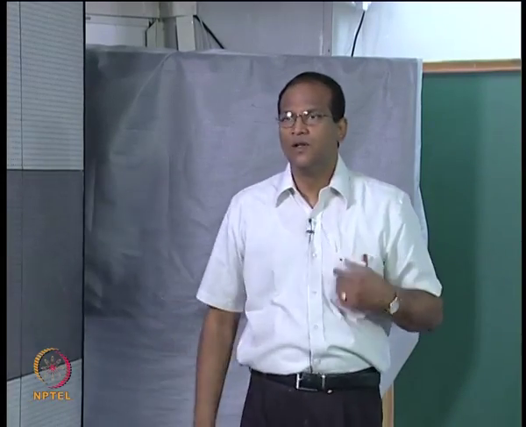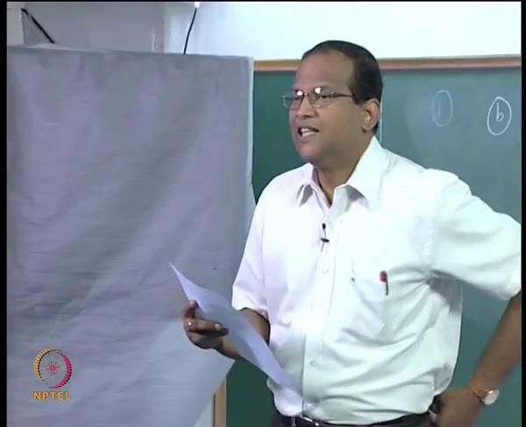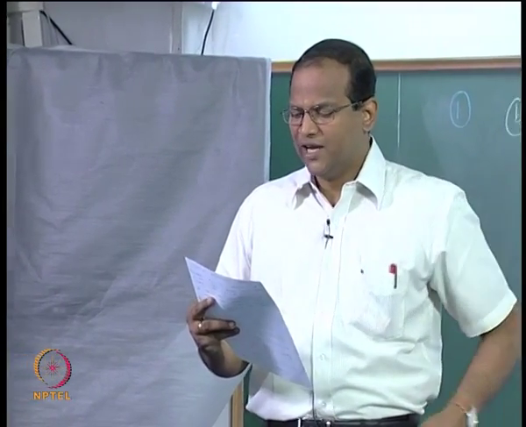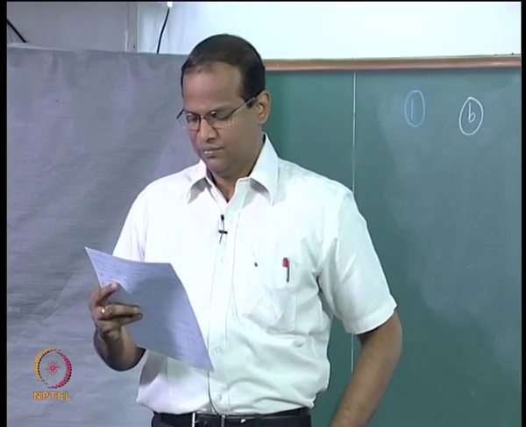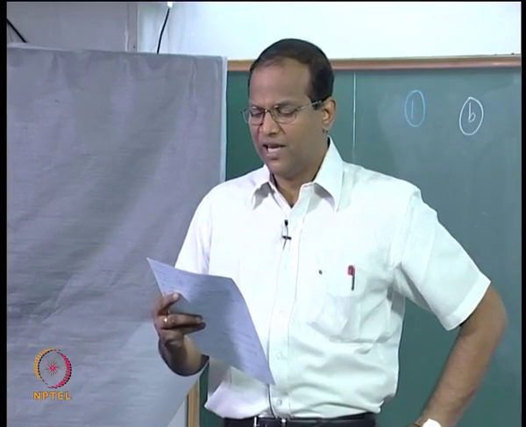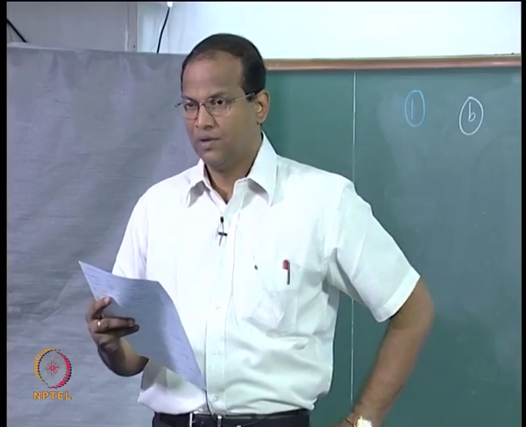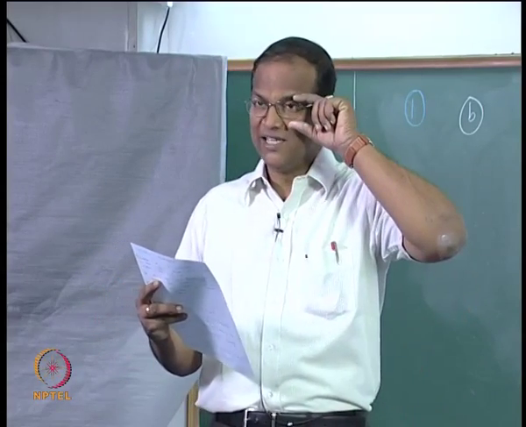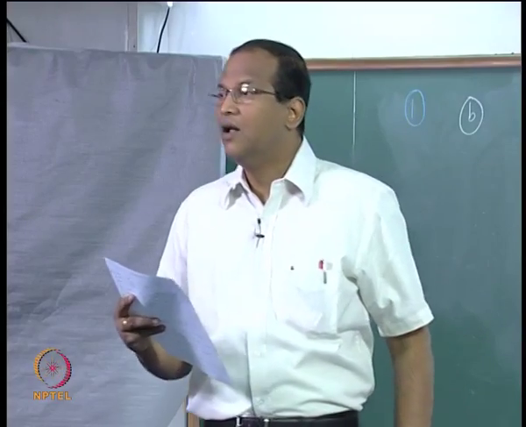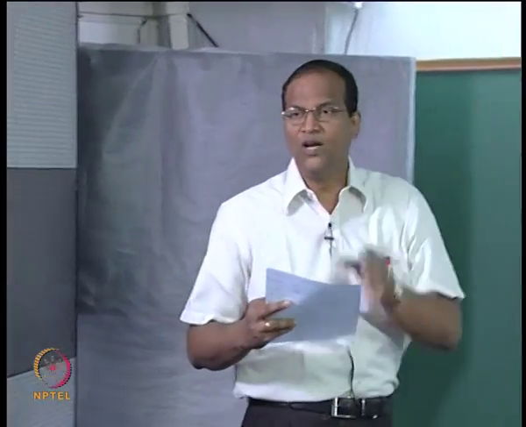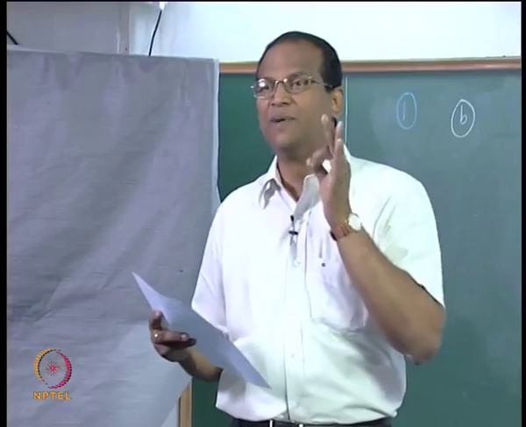Everybody through with this? Problem number 2: the wavelength and speed of radiation travelling within a medium are 3.2 micrometer and 2.3 into 10 to the power of 8 meters per second respectively.